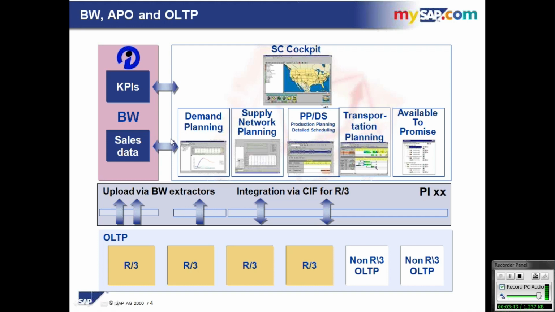Normally we mainly use this for demand planning, because demand planning will read the sales history data and generate the statistical forecast. That is the function of demand planning. So using this BW function, we will extract the R3 sales invoice data into APO, and in APO we will store the data in the InfoCubes. From those InfoCubes, we will extract the data into the planning area.